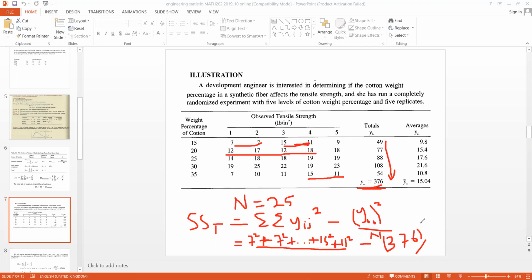So 376 squared over the N, which is 25. So that is how you get the sum of squares total: you find the summation of Yij squared minus Y naught naught squared over N.